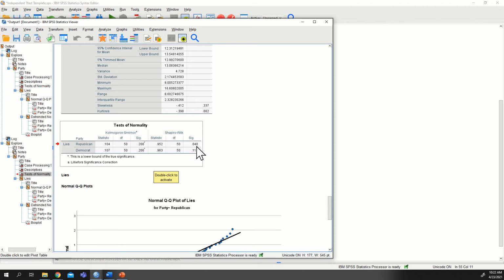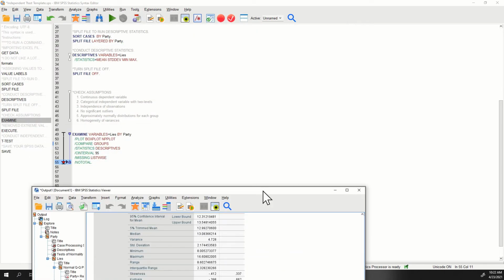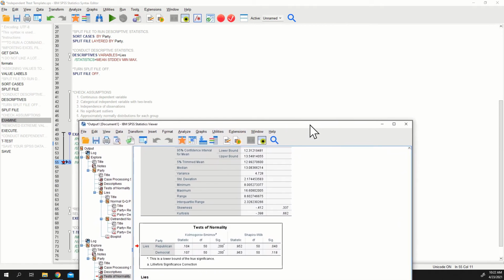I know that traditionally we've taught that 0.05 is great, but for this test, we don't want it to be less than 0.05, because with this test, it generates a normal distribution curve. And then it compares that normal distribution curve to the distribution curve for each of your levels of your independent variable. Going back, we want to have an approximately normal distribution for each group.